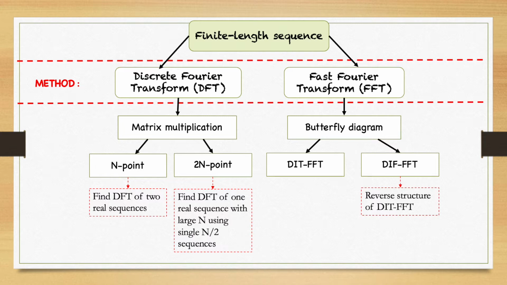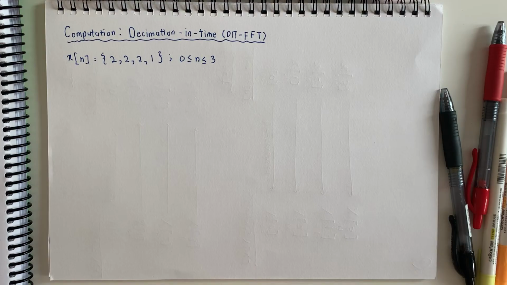Under the butterfly diagram structure, or FFT itself, we have two sub techniques: decimation in time, that's DIT FFT, and decimation in frequency, which is DIF FFT. Today I'm going to show you how to do the calculation on DIT FFT.